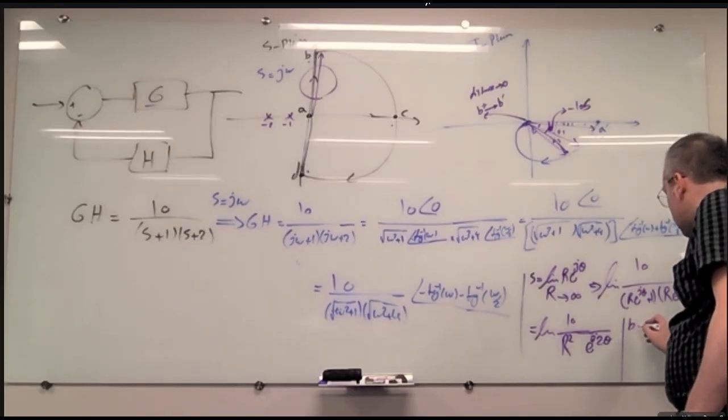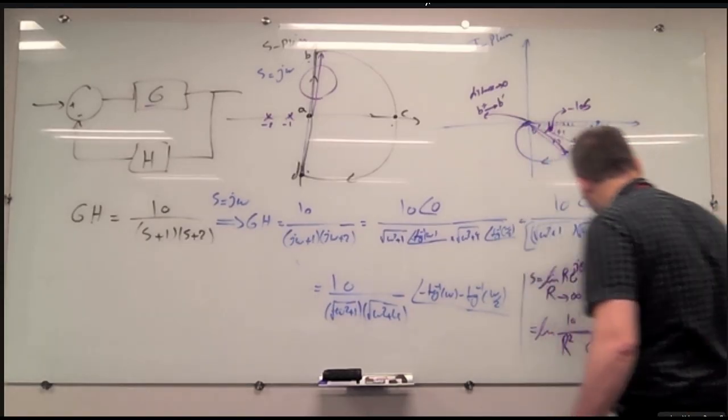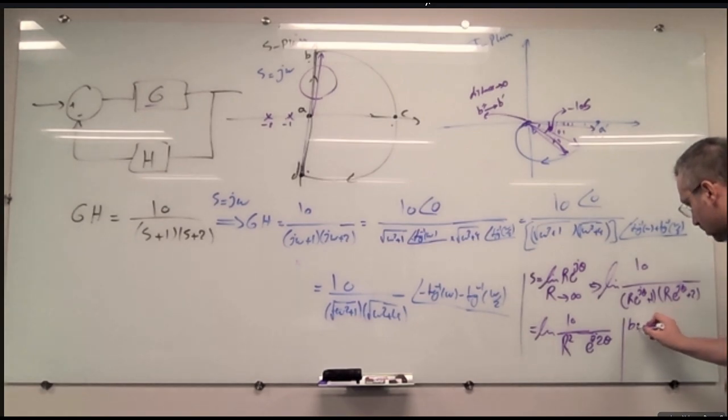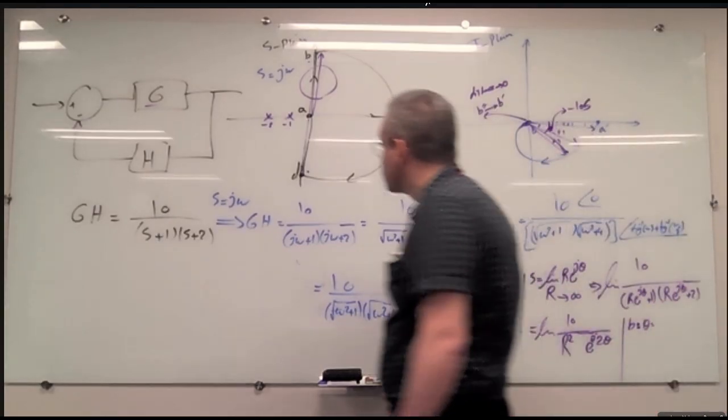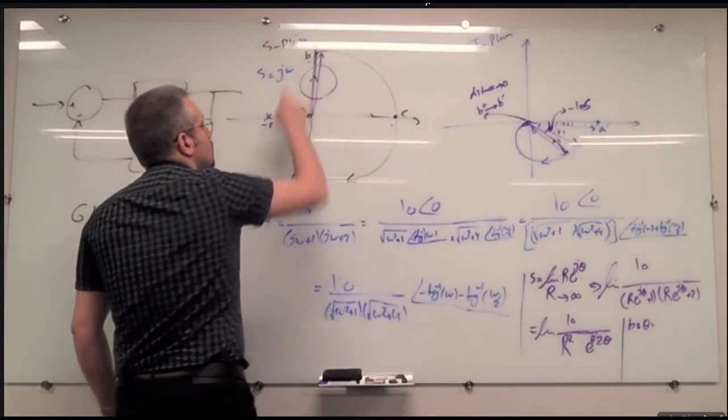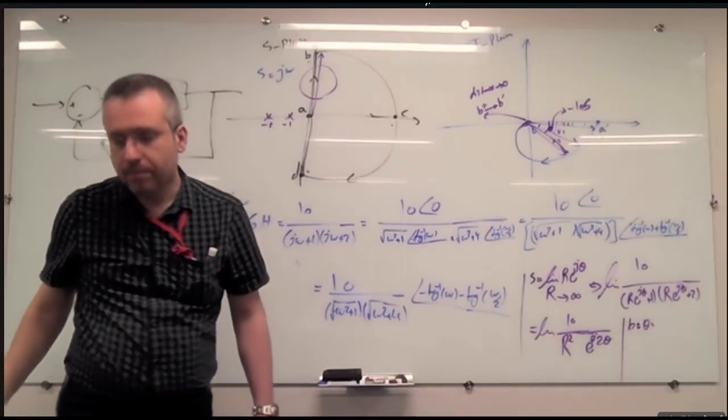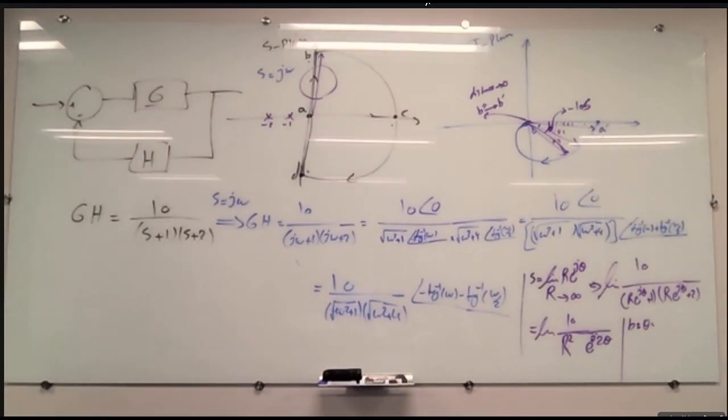Now, at point B, what is the theta of point B? What is the theta of point B? 90.